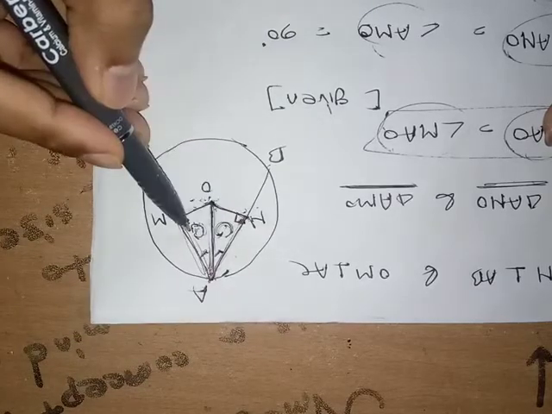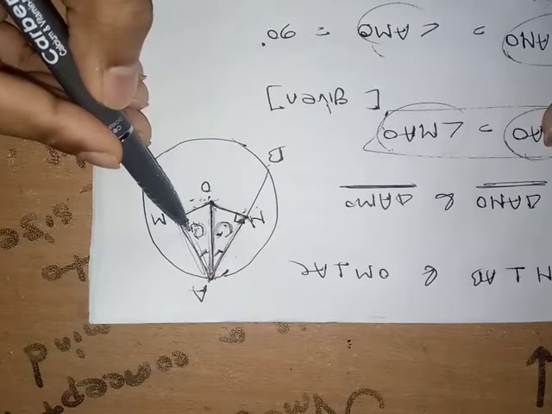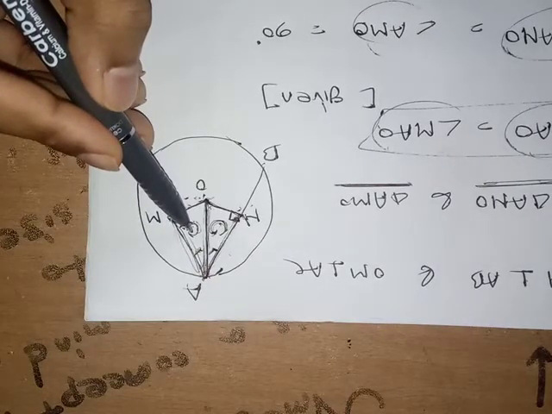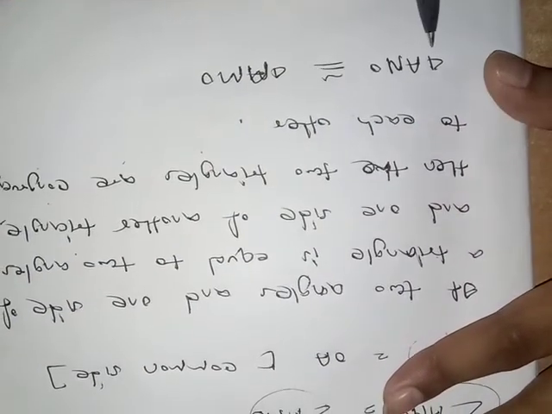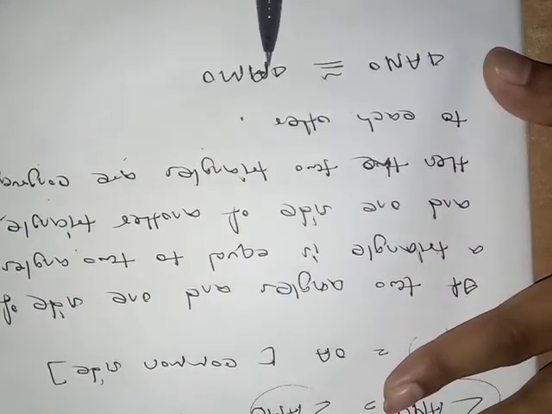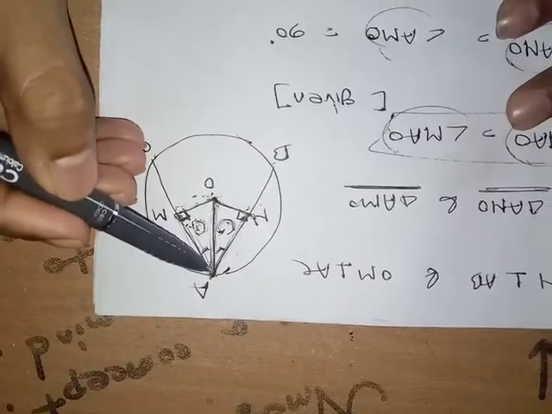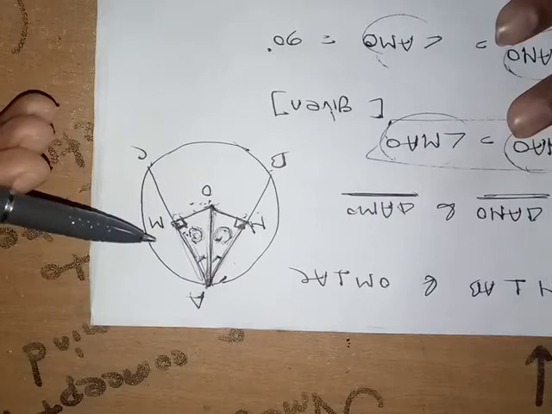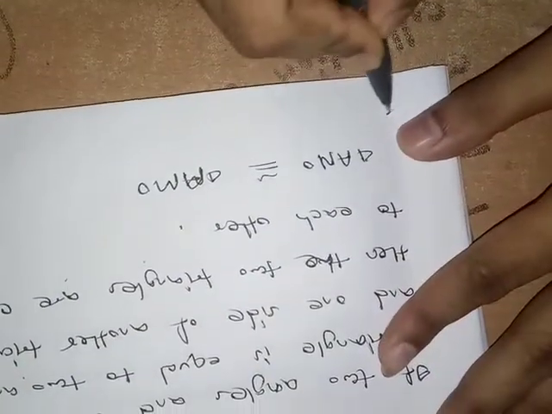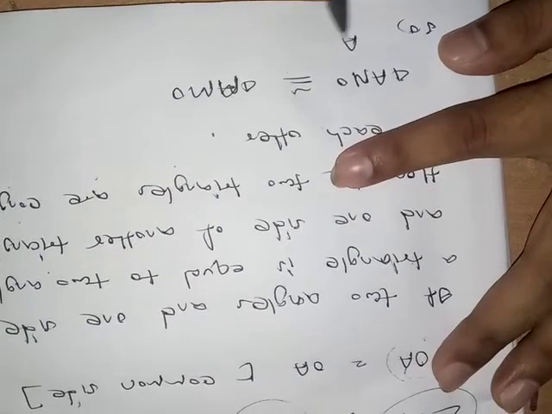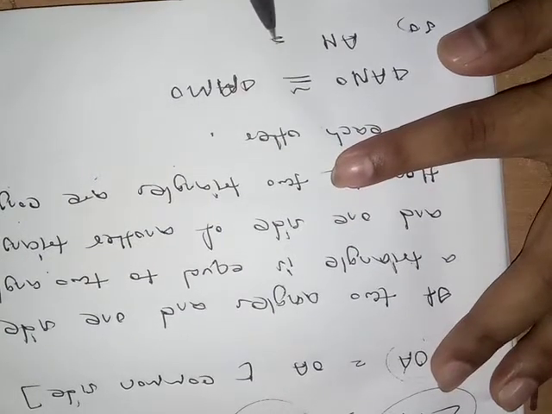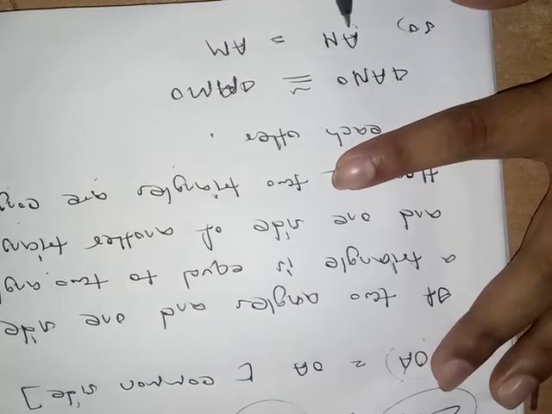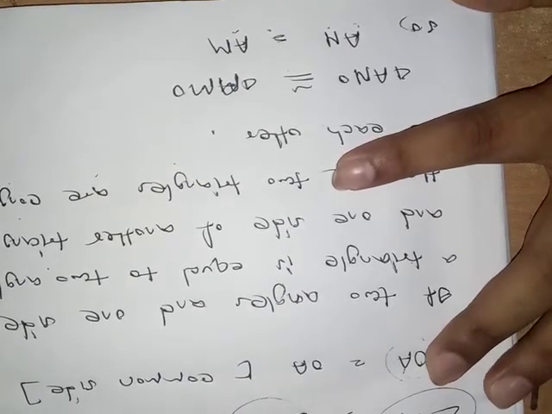Since these two triangles are congruent, each side of this triangle is equal to each side of this triangle. We have already proved that triangle ANO is congruent to triangle AMO. So we can write side AN is equal to side AM.